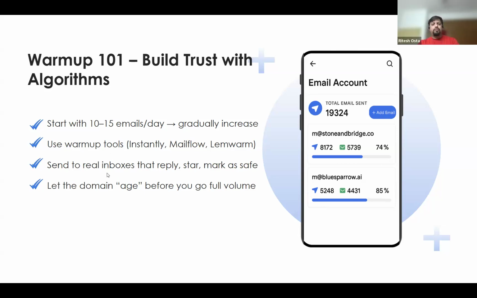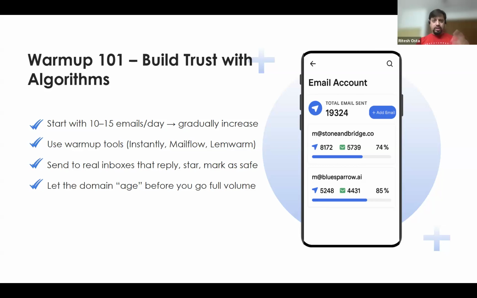Let me put that straight for people who have little understanding of this. Warm-up basically replicates human behavior, right? For example, if I open up my own mailbox, I will start sending email and receiving email, correct? But here, since there is no human being operating these mailboxes, these tools will send and receive email using automations.